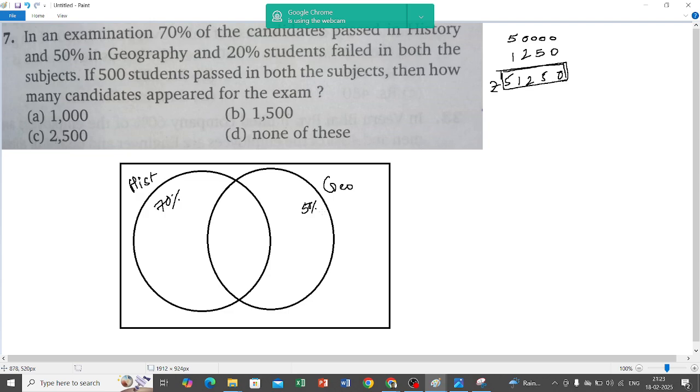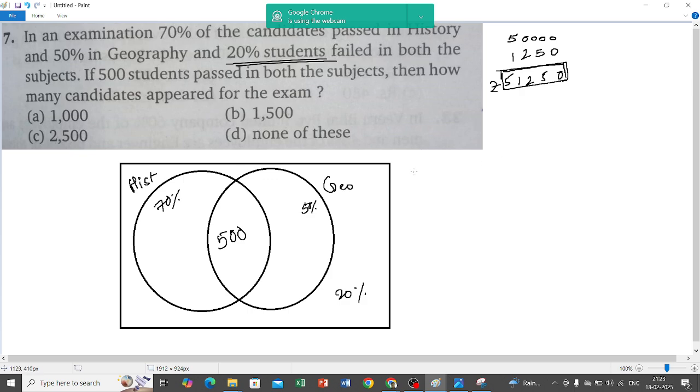It is about passing. 50% passed in geography, 20% failed. So if 20% failed, then this is this part. Yes or no? 20% is this part, failed in both the subjects. If 500 students passed in both the subjects, this is 500. Then how many candidates appeared for the examination?